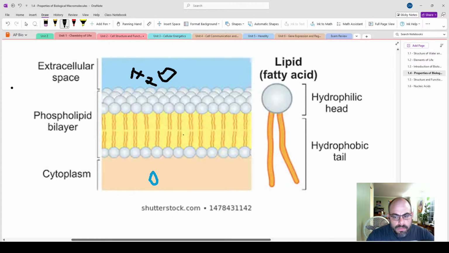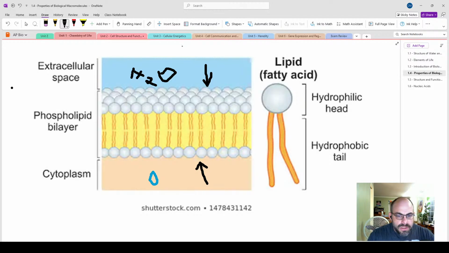But the hydrophobic or the nonpolar portions hate the water, and so they'll turn in toward each other. And this is a nice barrier. Nothing can get in here, and nothing can get out unless there's some sort of special passageway, which we'll talk about more in Unit 2, I think.